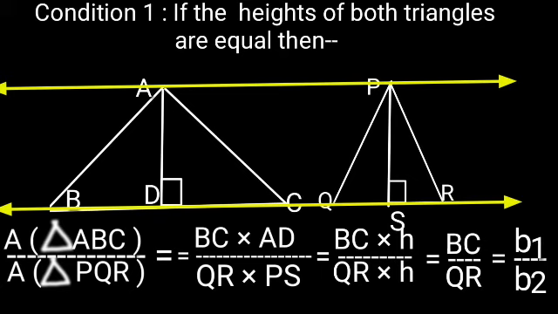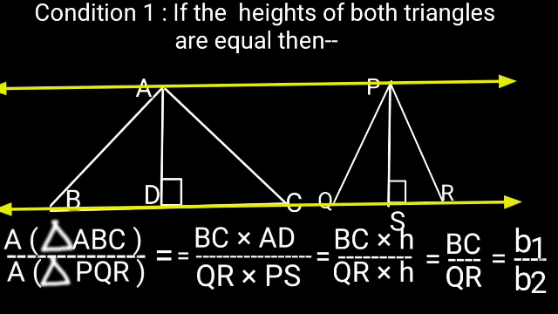But here the height of both triangles, H, is equal. The height of the first triangle AD and the height of the second triangle PS are equal.